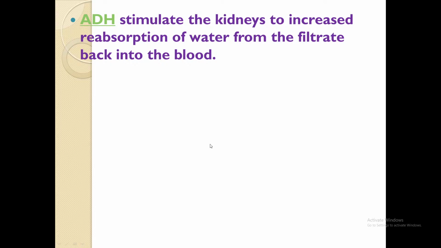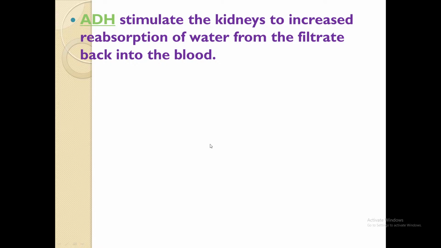So you're going to redo, just like return or reverse. That means that you did go forward, so you need to come back. Return means that you did give somebody something, you need to bring it back. So the same thing as reabsorption, means that the water would have been sent on to somewhere else. So they are saying that the antidiuretic hormone is going to tell the kidneys to reabsorb some water.